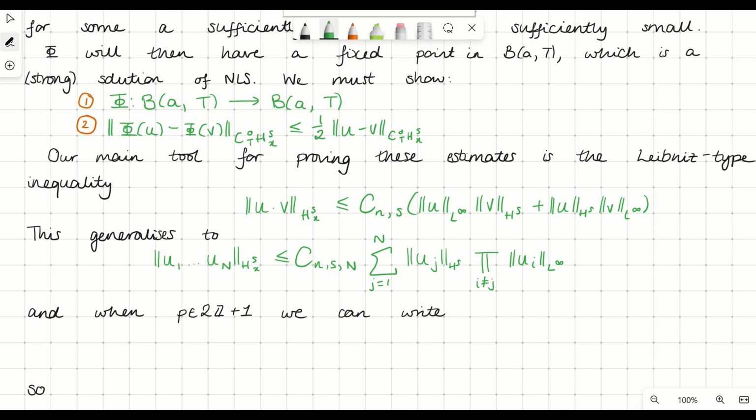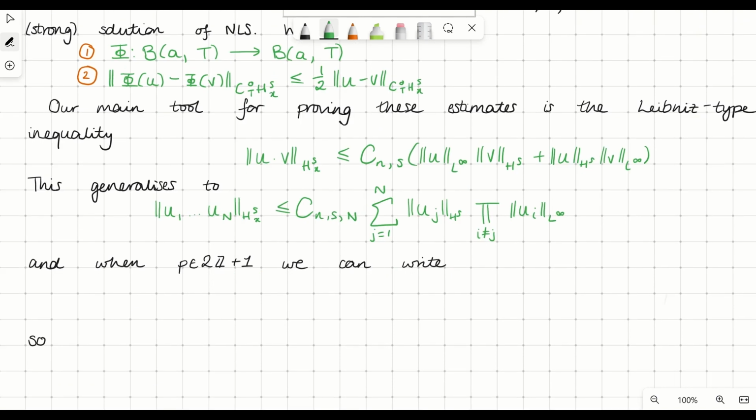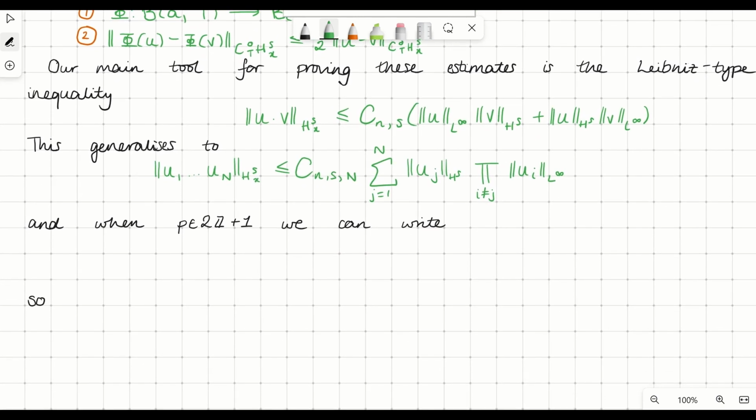So it's to make good use of this inequality that we choose p to be an odd integer, because in this special case, we can write the nonlinearity as u mod u to the p minus 1 equals u times u bar, so the complex conjugate, to the q. So here q is half p minus 1. So now this is just a polynomial, it's just u to the q plus 1 times u bar to the q.